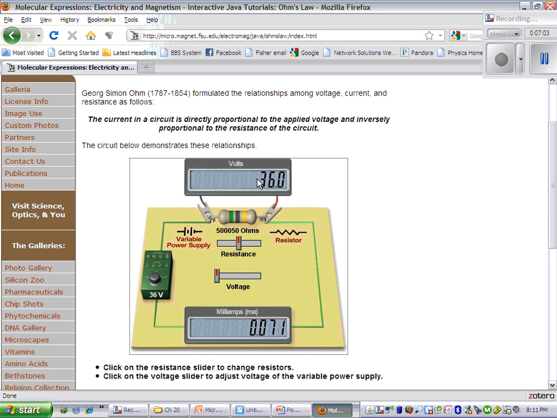Potential difference doesn't change though, because the potential difference is going to stay the same the whole time. But as soon as I start changing the power or the voltage, you can see that the current will change as well. So if I increase the voltage, you can see that current's going up, but you'll see that this potential difference across the resistor matches this power supply.